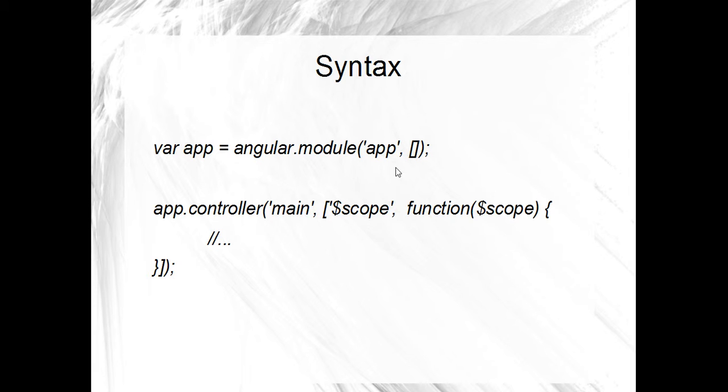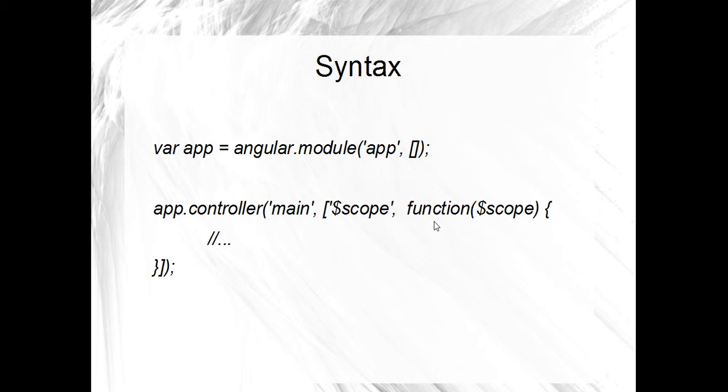Coming to the second line, it's app.controller, which lets us add a controller object to this module. Just like the module function, the first argument here corresponds to the controller name. The second argument is a list which contains all dependencies along with a function as the last element in the array.